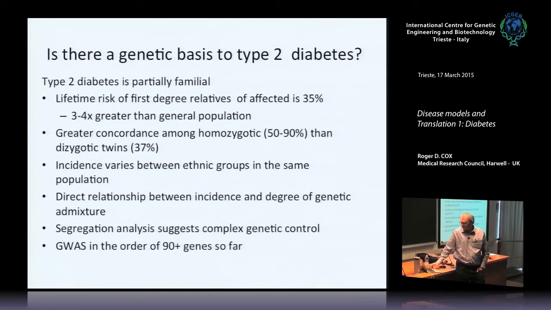So clearly there's a genetic basis, but there are risk factors that interact with the genetics to determine your overall risk. So you may inherit risk factors, but you may never get diabetes if you're not exposed to some of the risk factors.